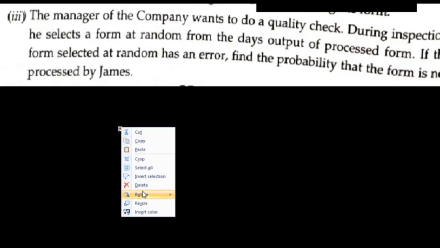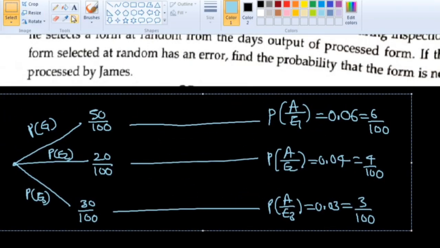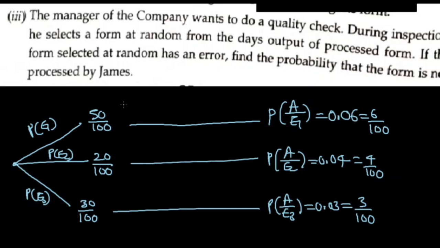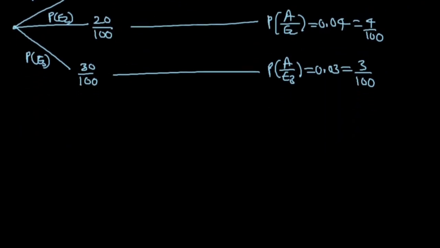So what we will do is first find processed by James, then not processed by James equals 1 minus processed by James. So we go with processed by James, where E1 is the event of selecting James.